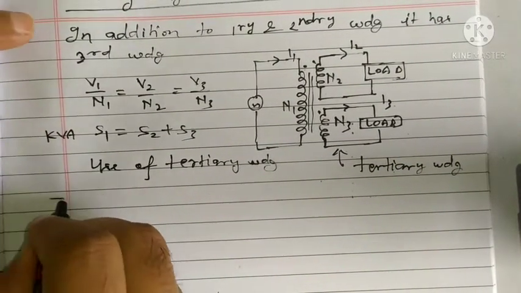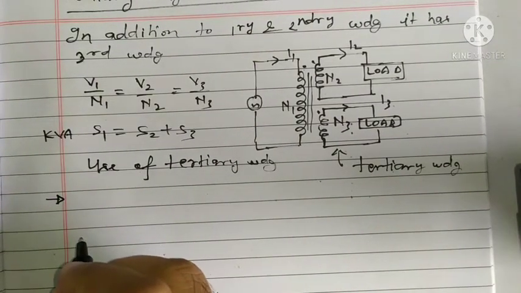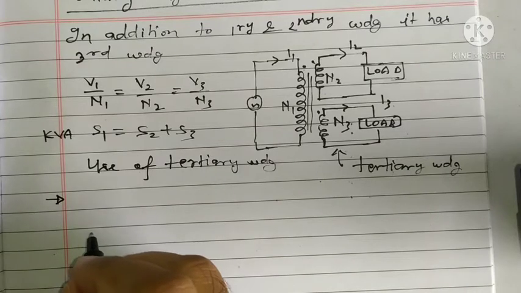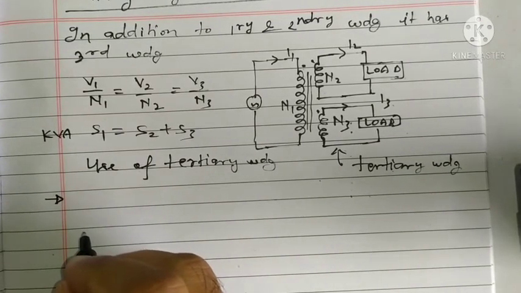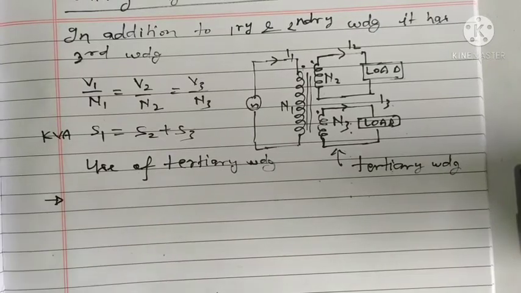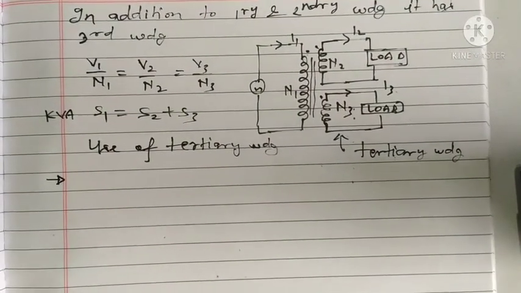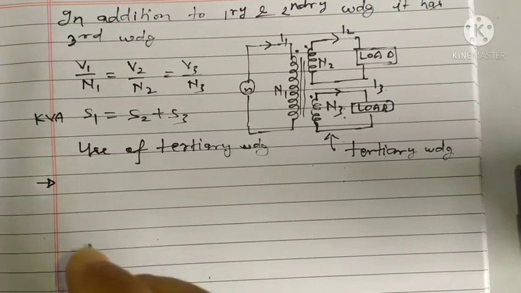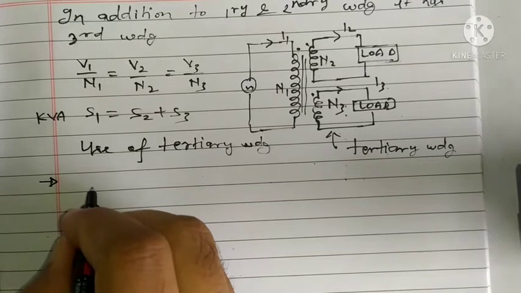We have seen in star-star connection, which is preferred for high voltage, low capacity application, there is problem of unbalancing and harmonics, so that can be avoided by use of tertiary delta. I told you that the star-star cannot be used without tertiary delta, right? So that is tertiary winding.